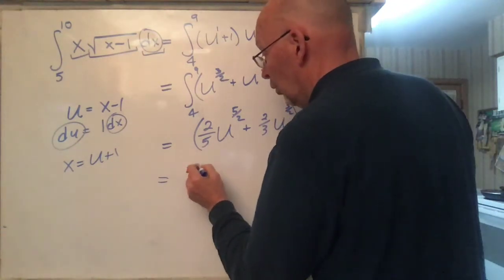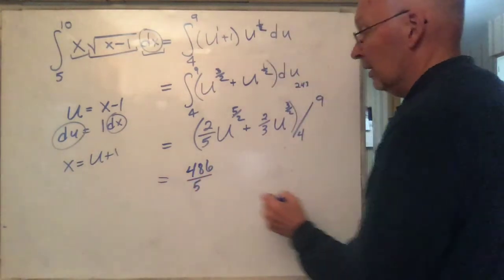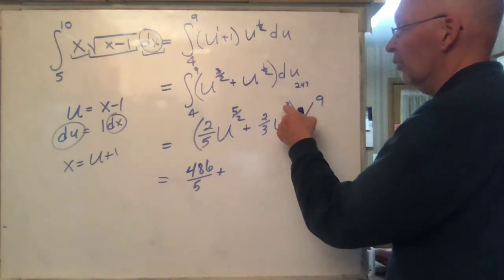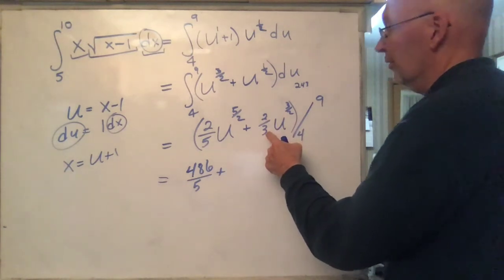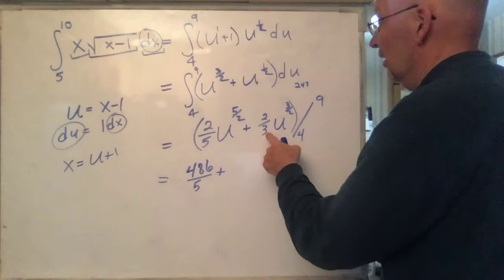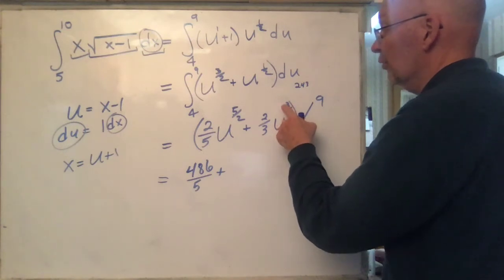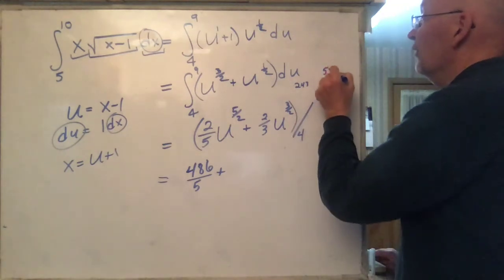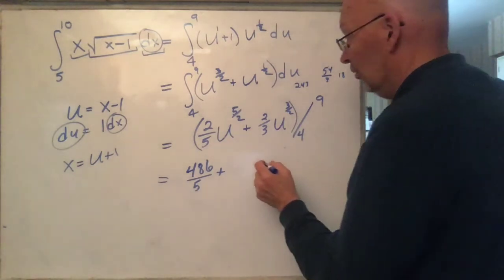So it's going to be 486 fifths, plus, when you stick a 9 in here, the square root of 9 is 3, 27, 54 thirds. Did I do that right? Yeah, I think so. 3 cubed is 27. 27 times 2, 2 times 3 is 54. 54 over 3, that reduces though, right? 18 it becomes.